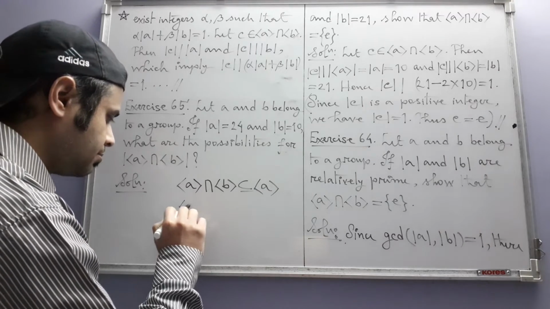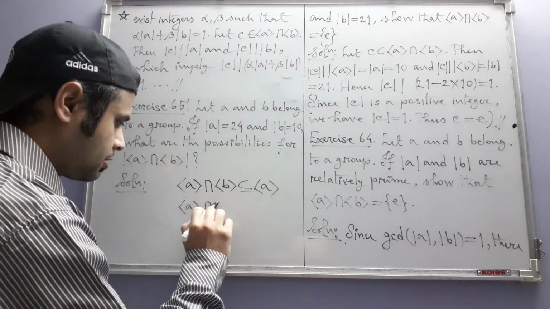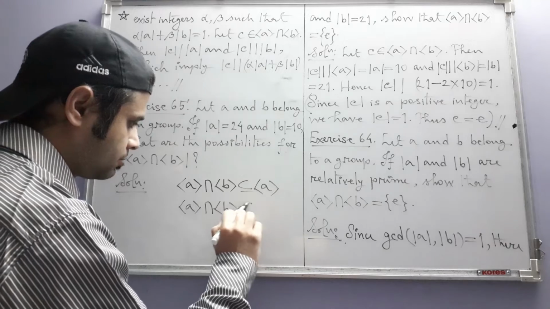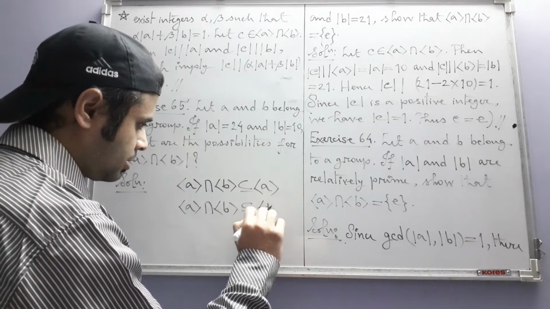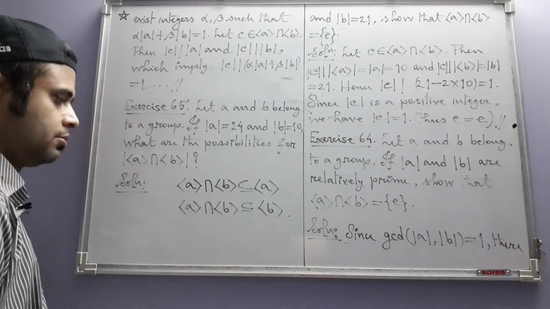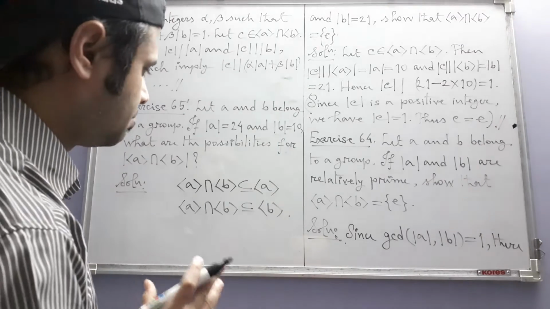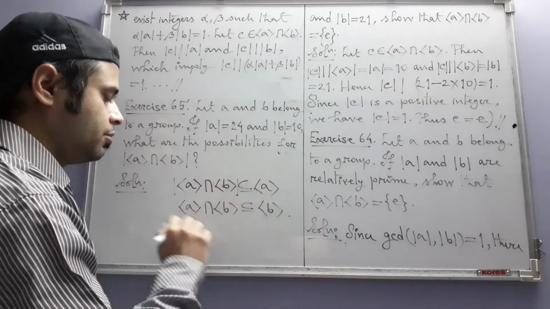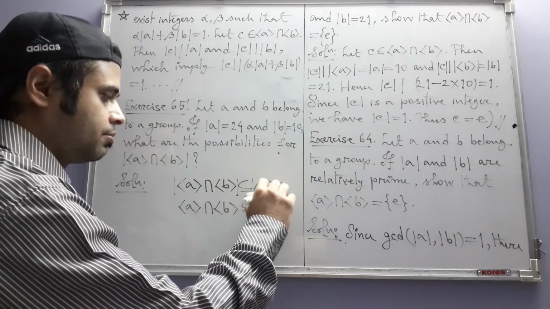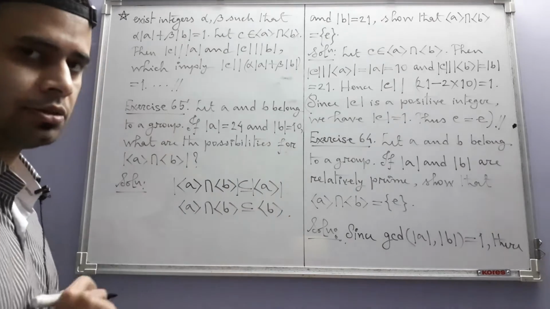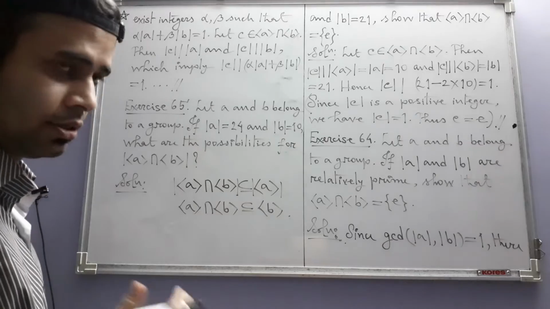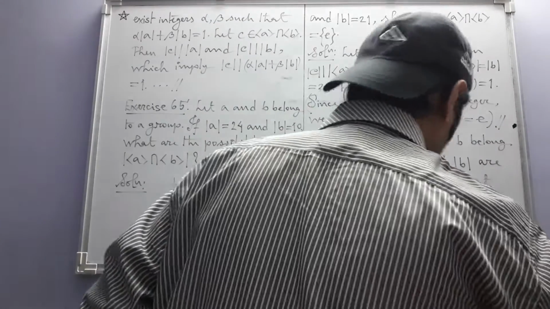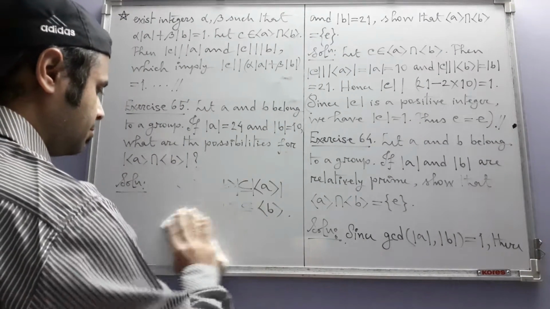At the same time, it's a subgroup of this cyclic group also. So from the properties of cyclic groups, this order should divide this order, and this order should also divide the order of this one. Yeah, from there we can then proceed.